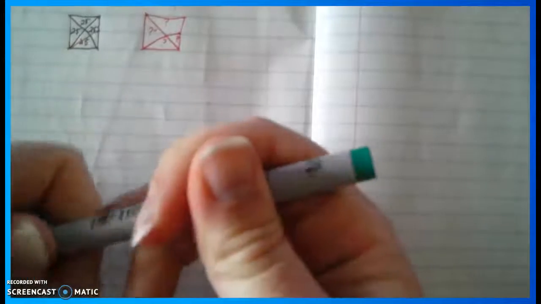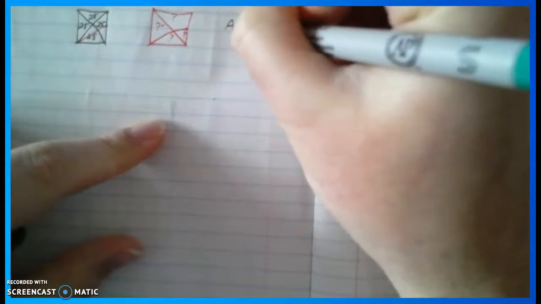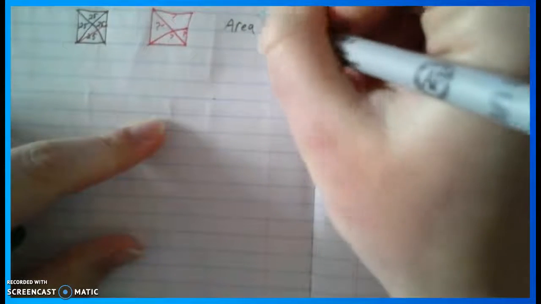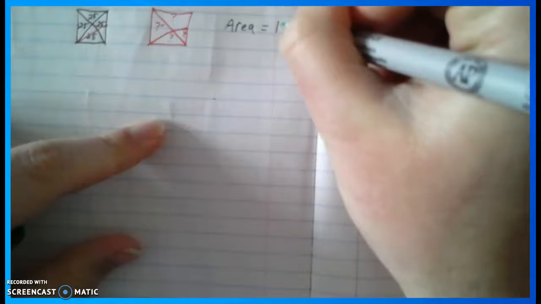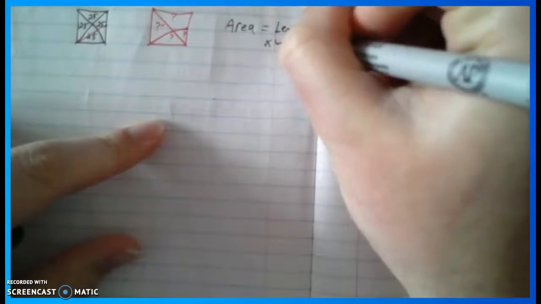Okay? I recommend, if you're having trouble getting started, because the question is talking about area, well, we can think about how do you find area, right? Area equals length times width, right? Well, we're dealing with triangles now, right?